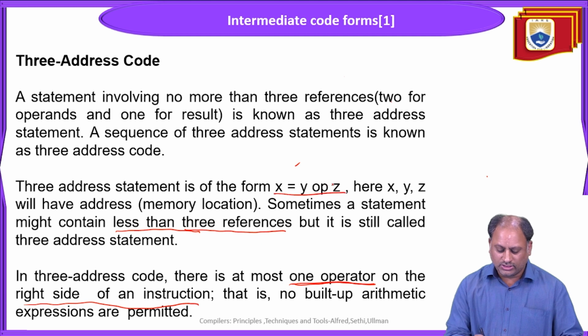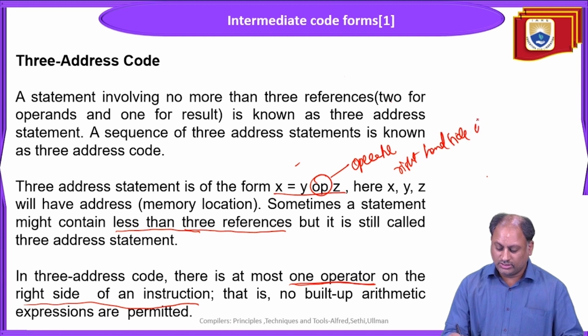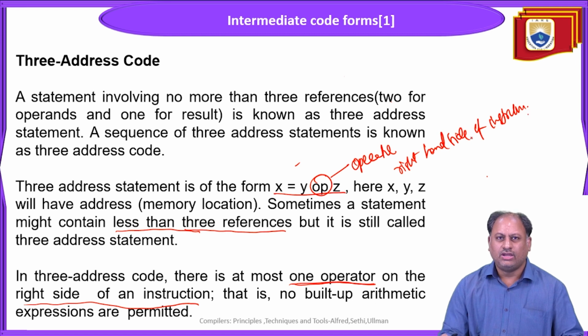So here, for example, this is an operator available on the right hand side of this instruction. It requires at least one operator.